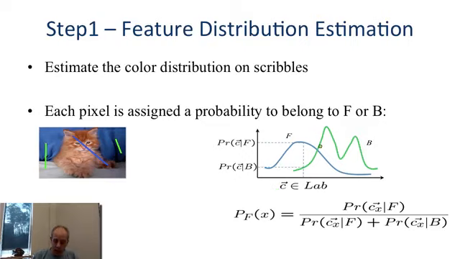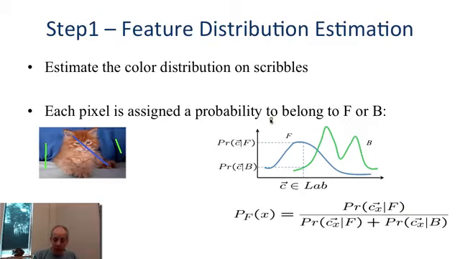And again, we have these distributions. And we can compute the probability of a pixel being foreground or background, which is just the probability of being foreground, and we normalize by both foreground and background. So, for example, a pixel that was marked by the user as being foreground will have a very high probability for that pixel value.